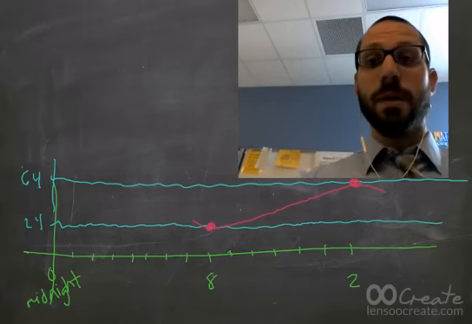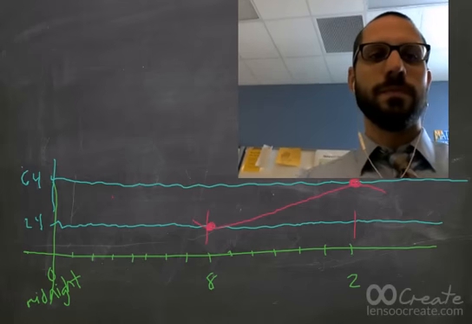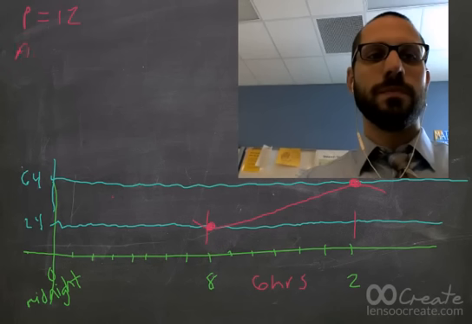What is half of my period? If half of my period is 6 hours, what's my actual period? 12 hours. What is my amplitude? How high up and down do I go total? 40.